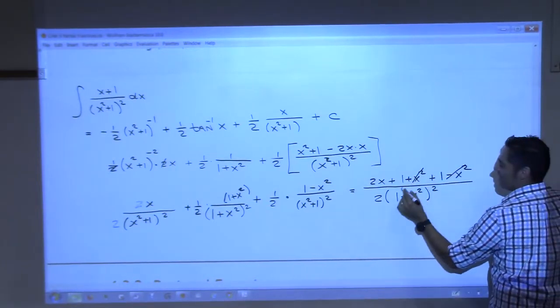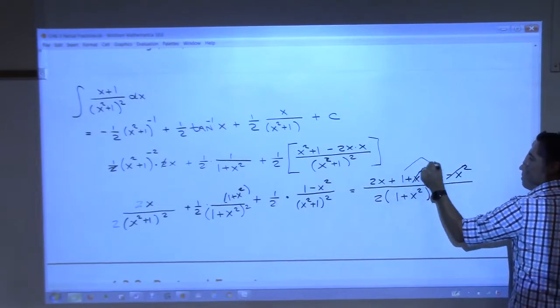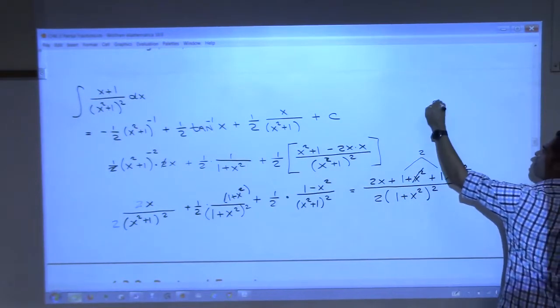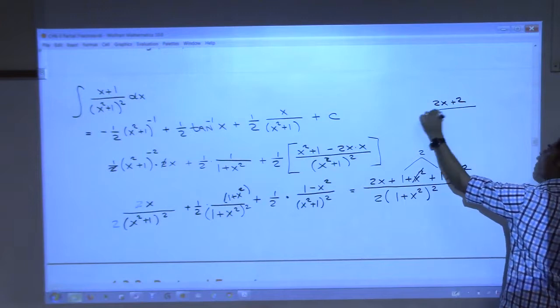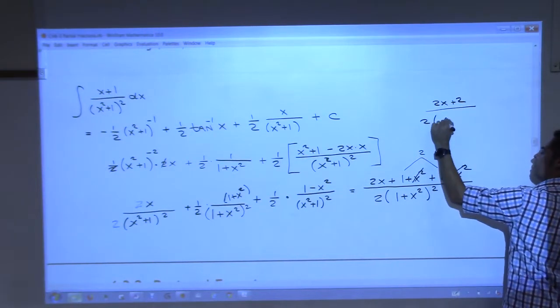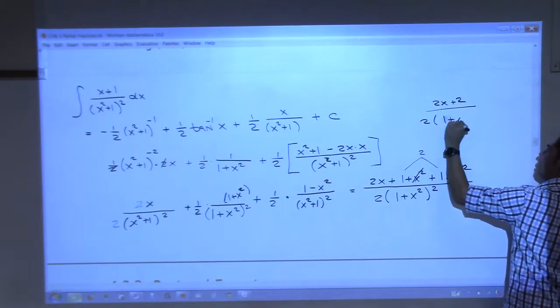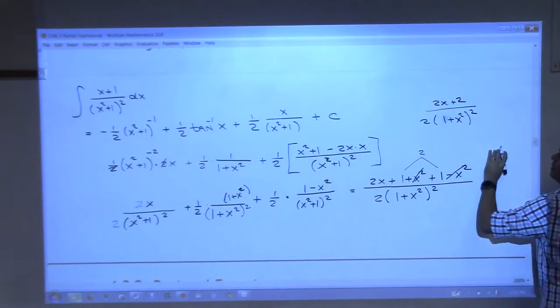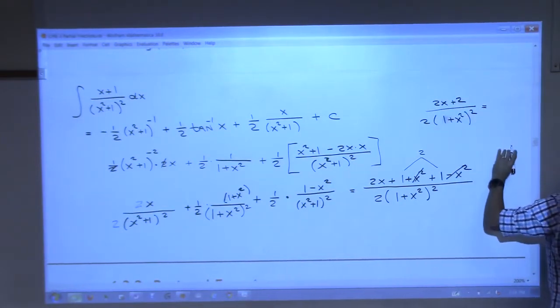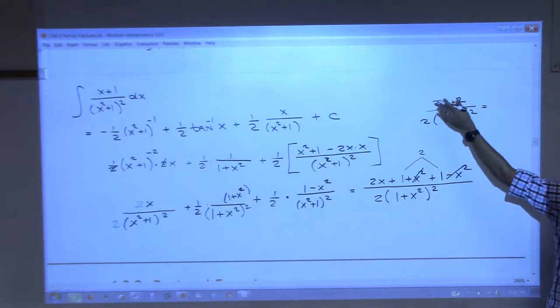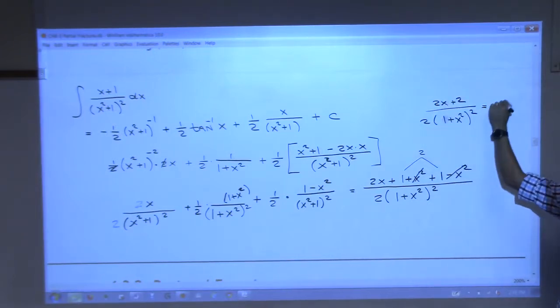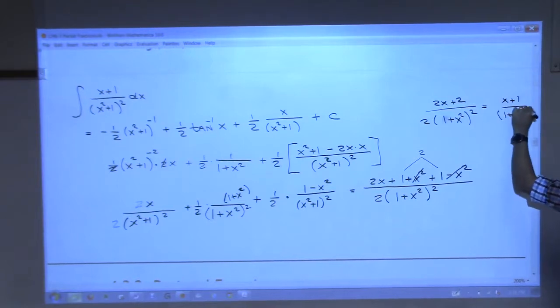Oh, yes. There it is. This and this together are 2. So we have 2x plus 2 over 2, 1 plus x squared squared. Factor the 2 out of the top and cancel with this 2. And you get x plus 1 over 1 plus x squared squared.